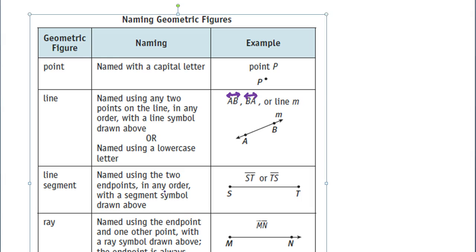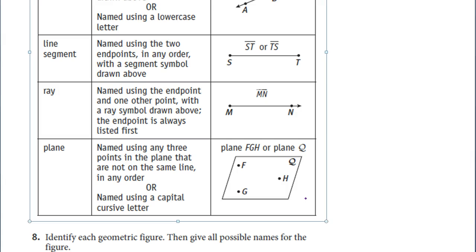A line segment. This is named using the 2 endpoints in any order with a segment symbol drawn above. So if you had this drawing, this segment ends in dots, unlike the previous drawing with the A and B. So you can name this segment ST. Above the ST, there is a segment symbol, no arrows. Or you could name it segment TS. A ray.